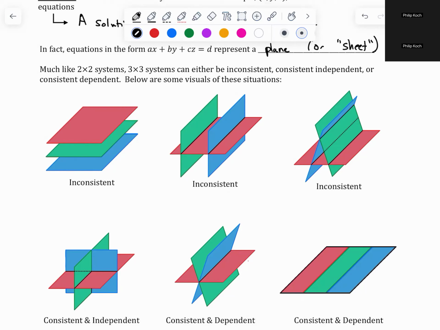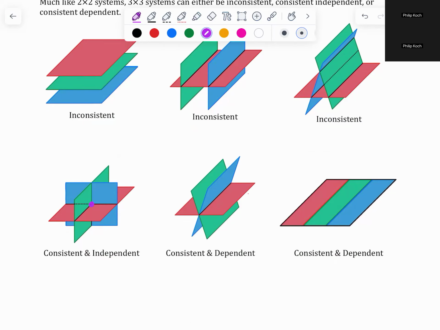And then you could have consistent independent, where you have one unique solution right there, where all three of them meet. I've drawn them all perpendicular, or what we call orthogonal in upper division math courses, because once you add an extra dimension, perpendicular doesn't make as much sense, because there's two different types of perpendicular: sideways or vertically.